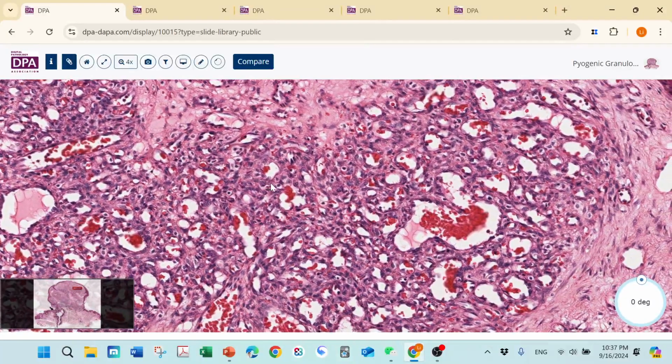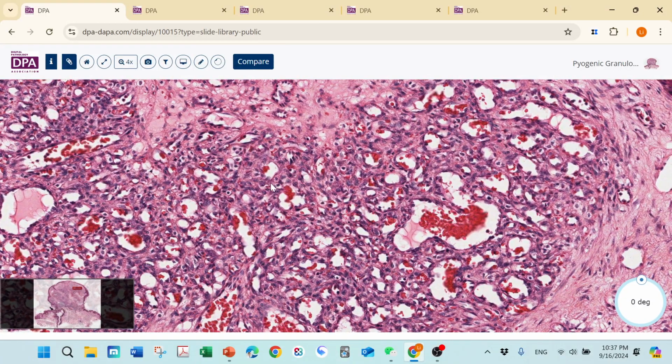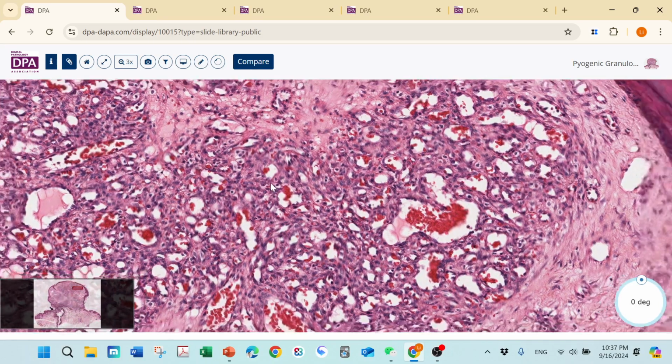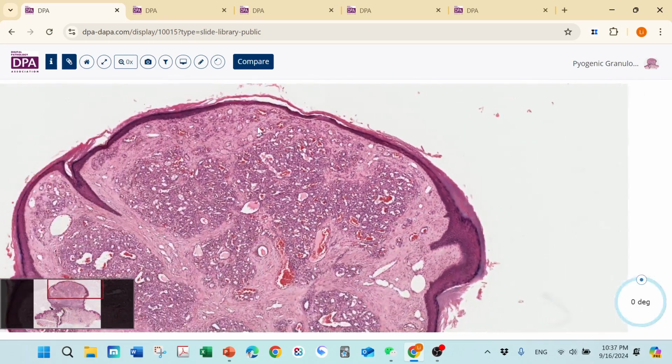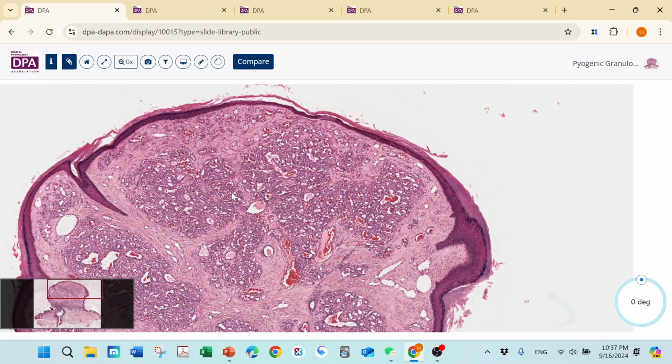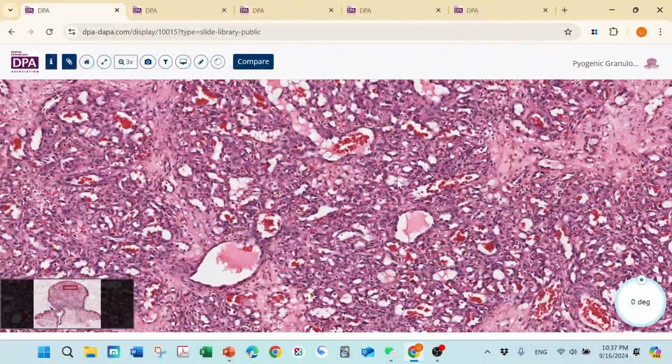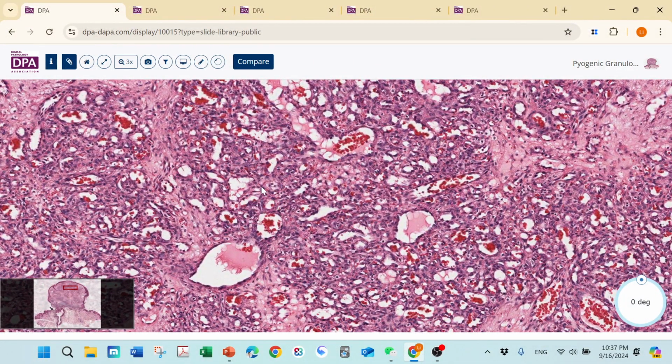One entity you always need to bear in mind is this: if you find this lobular structure and everything fits for pyogenic granuloma or lobular capillary hemangioma, but you find tons of neutrophils around, one diagnosis you need to pay attention to is bacillary angiomatosis, which is an infectious disease caused by Bartonella.